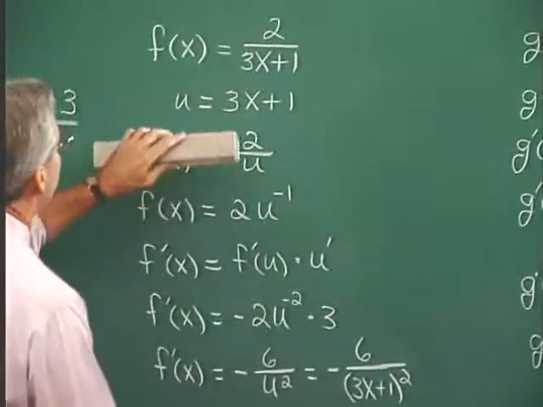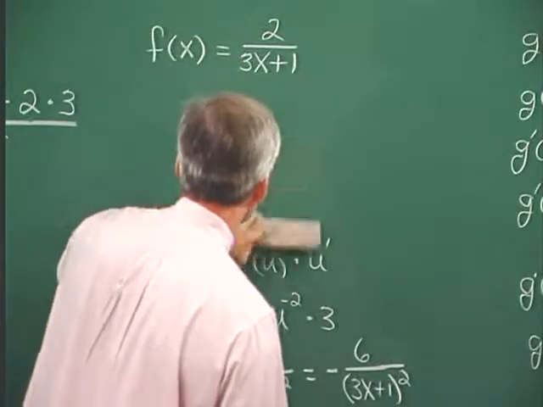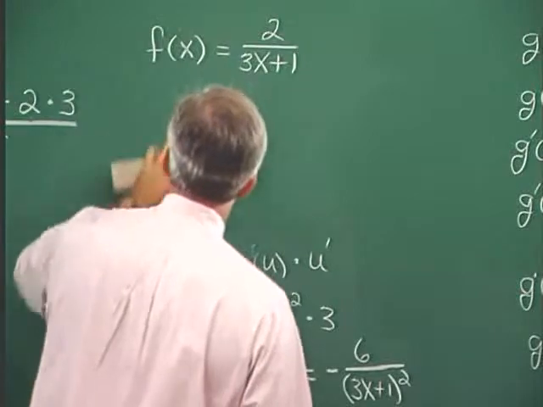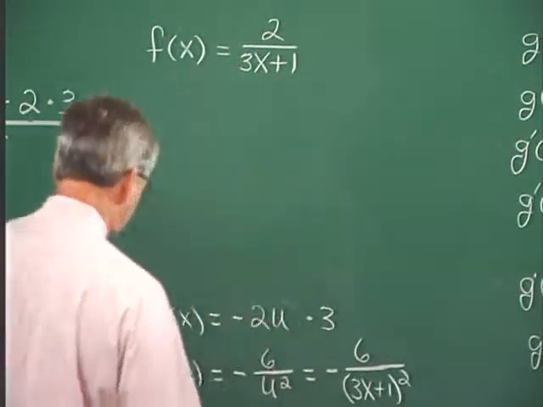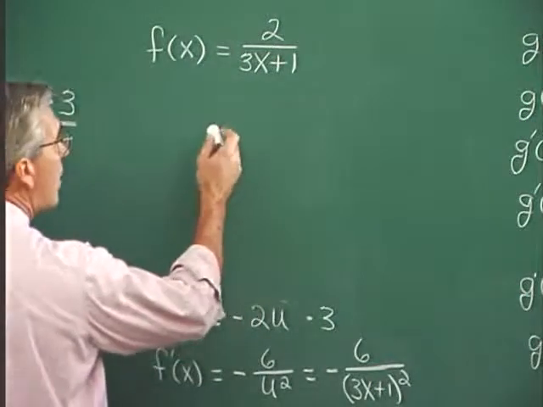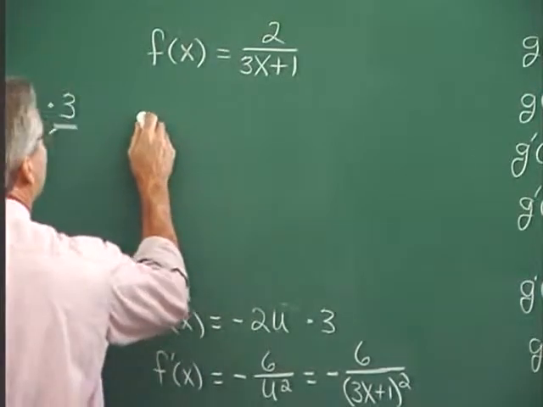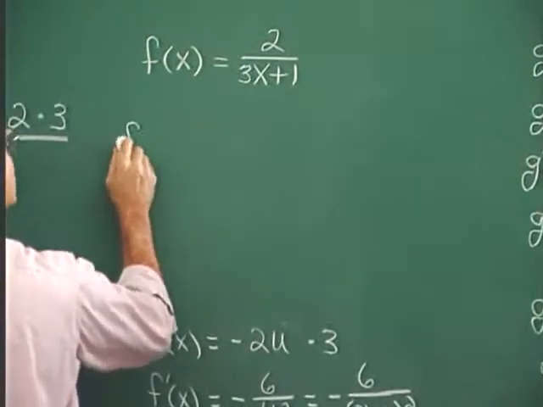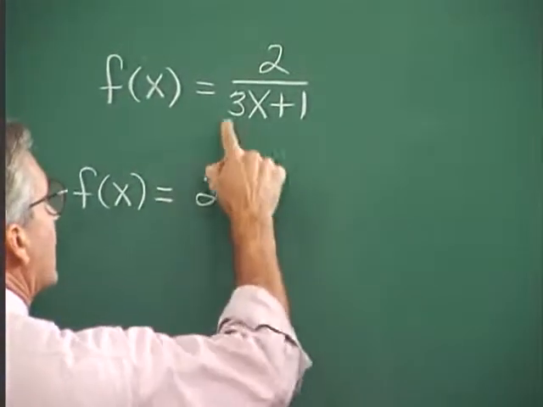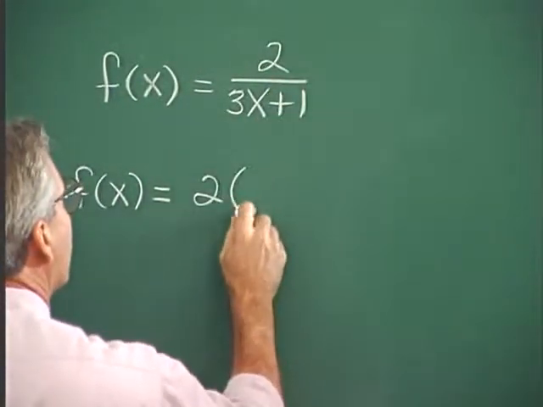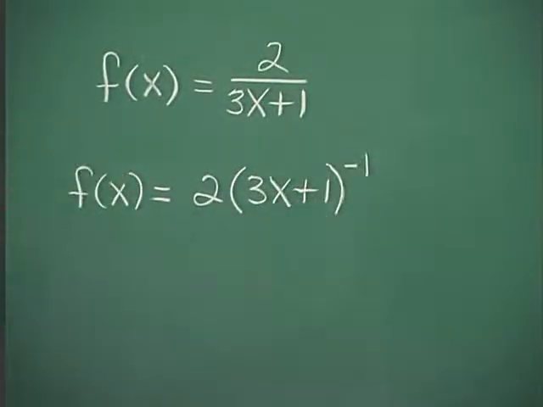So here, we might do something like this. And there are several ways of doing these correctly. If we think of this, for example, as, I'm just going to kick this binomial to the numerator by doing that.